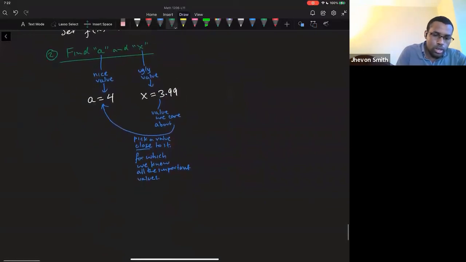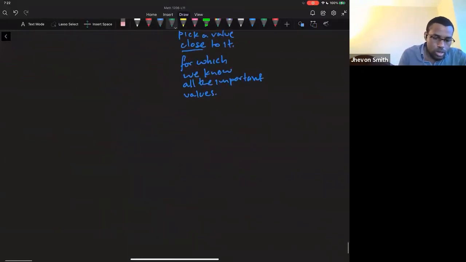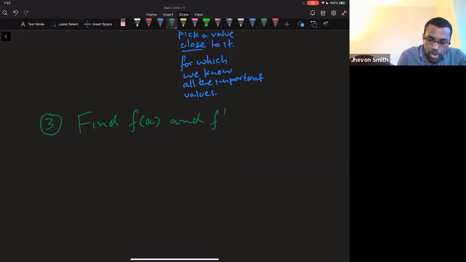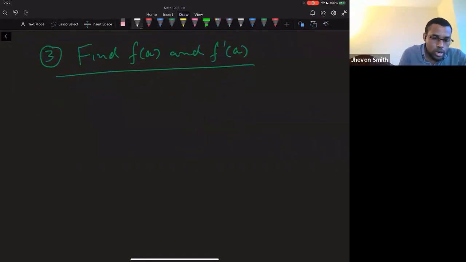So the third thing we're going to want to do is to actually find the approximation values. So we're going to find f of a and f prime of a to use in our formula. So here we know that f of x equals the square root of x.